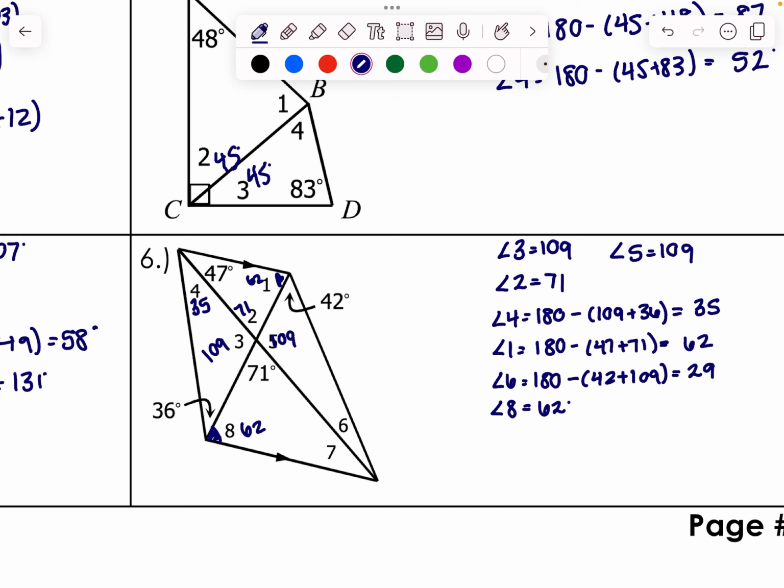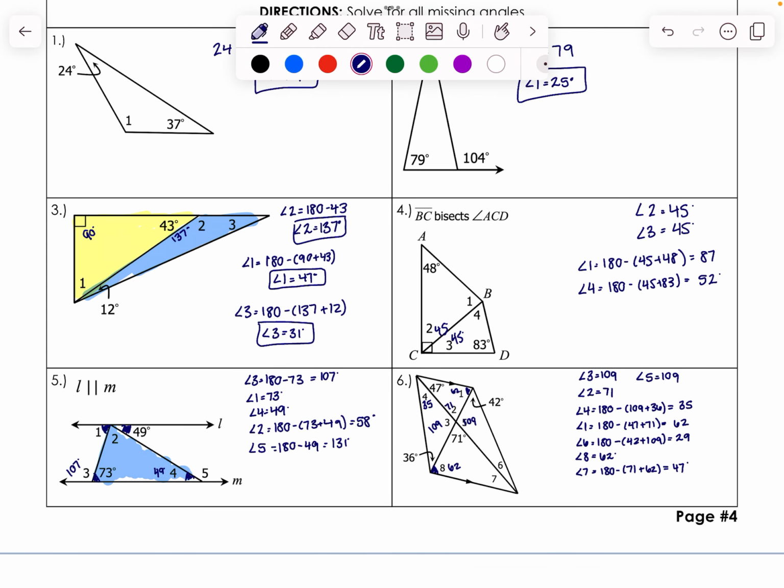All right, and then our last one, angle 7, I just do 180 minus 71 plus 62, and I get 47. Okay, so just playing around with the fact that triangles add up to be 180 and our angle pairs.